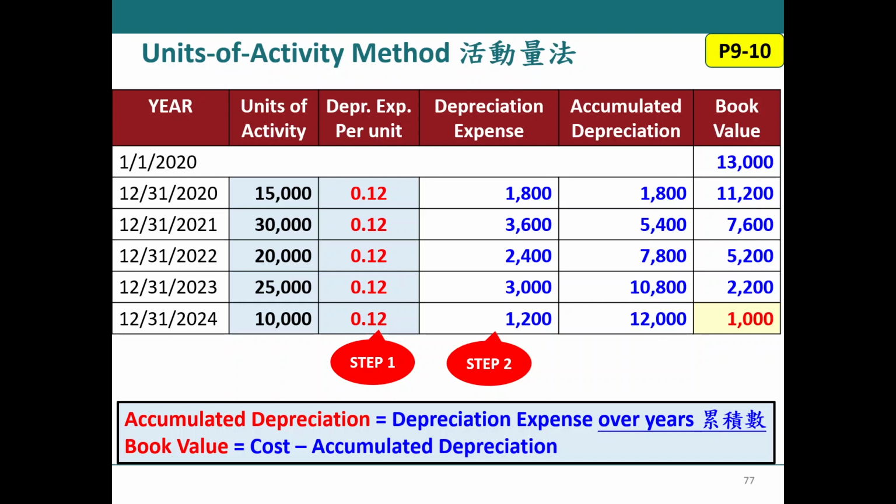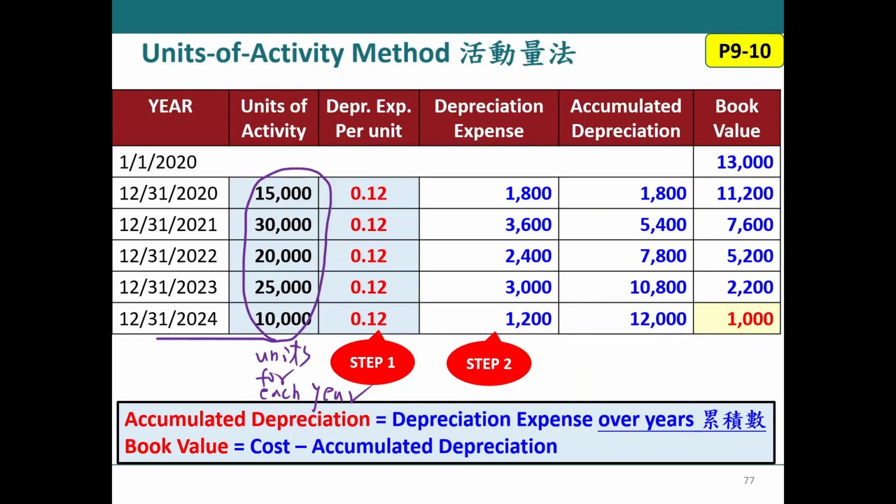We will tell you the total unit the company uses for each year. Since I know $0.12 per mile, and I know how many miles I expect to use for each year, could you get depreciation expense for each year? Yes, right?